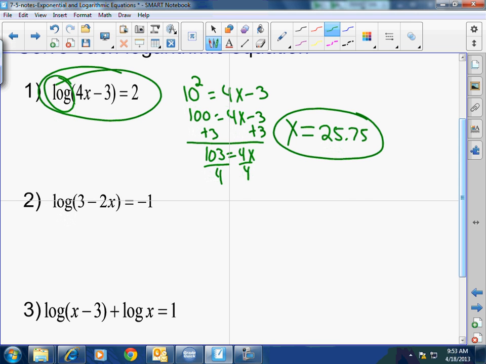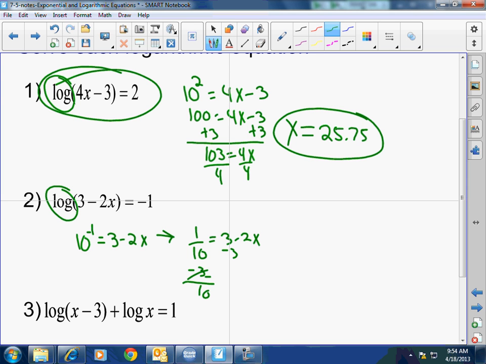Number 2. I got log of 3 minus 2x equals negative 1. So, what's the base of this log here? 10, yeah. So I'm going to go 10 to the negative 1 equals 3 minus 2x. So, this turns into 1/10 equals 3 minus 2x. I'm going to subtract 3 from both sides.